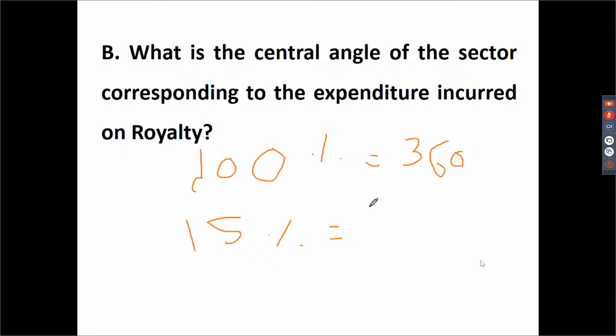That is the amount of royalty, the central angle.